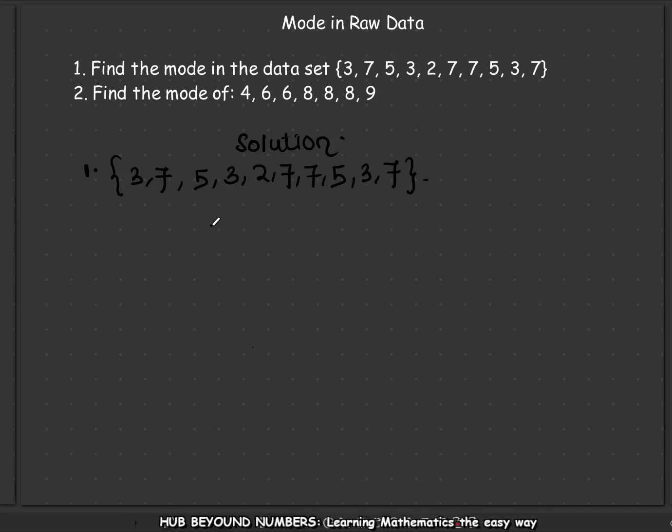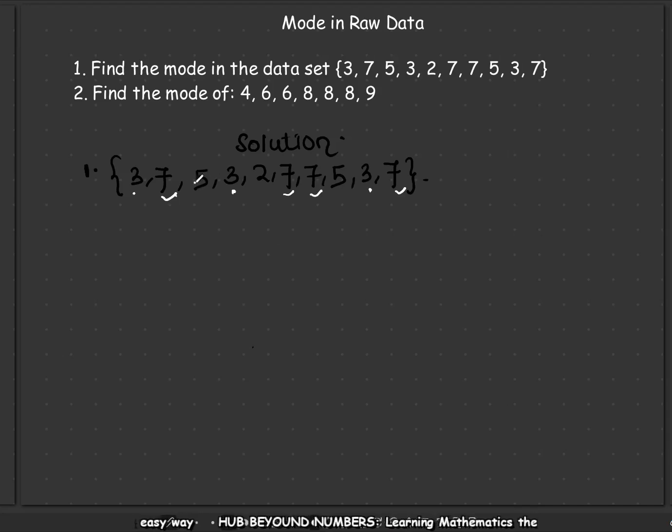If you look at them, which one do you see more of? When we take 3, for instance, we have 1, 2, 3. The 3s appear just thrice. Let's take 7 and see. We have 1, 2, 3, 4. 7 appears 4 times.